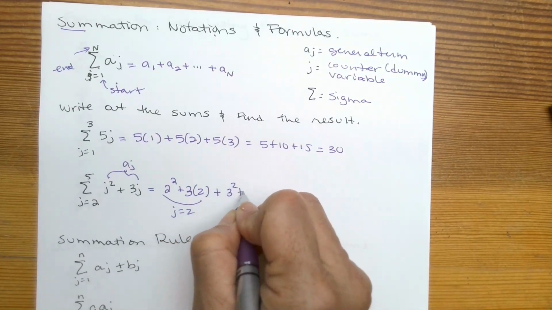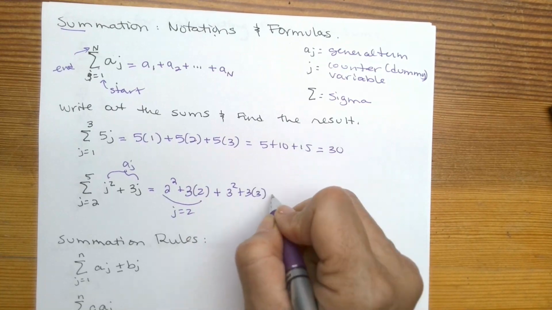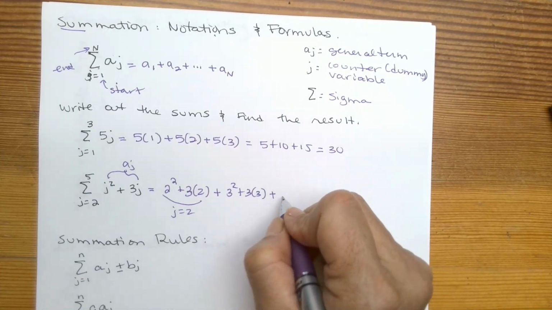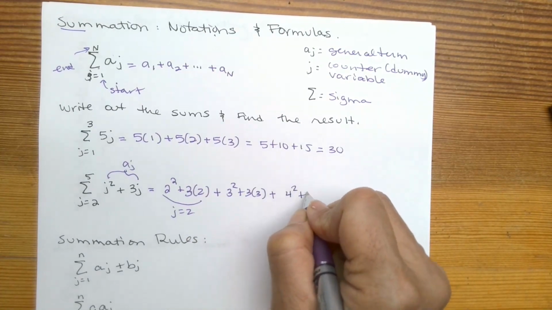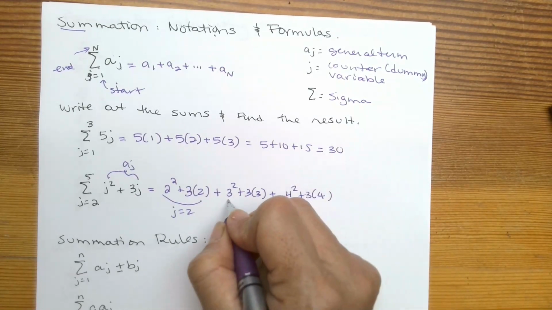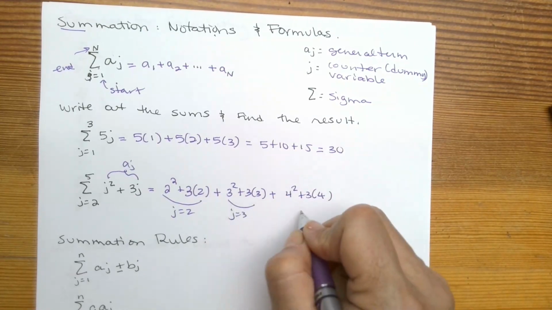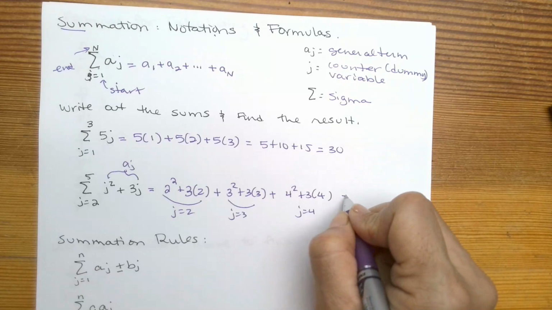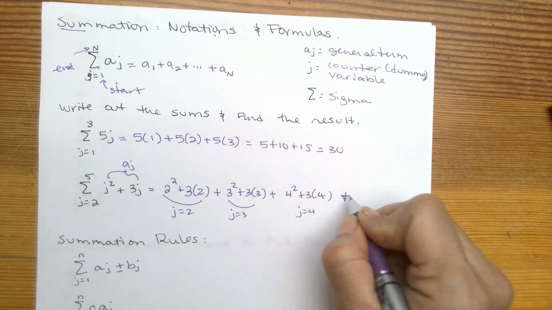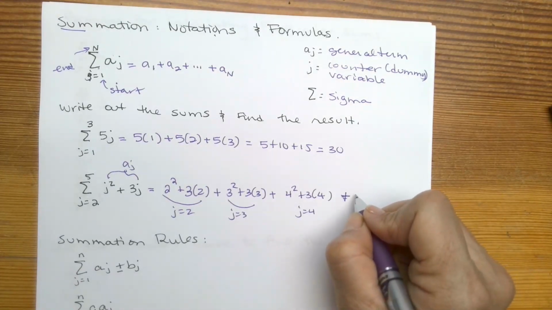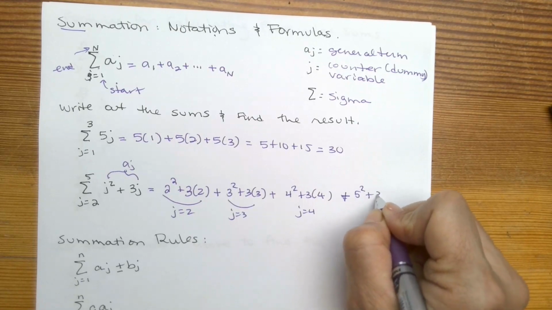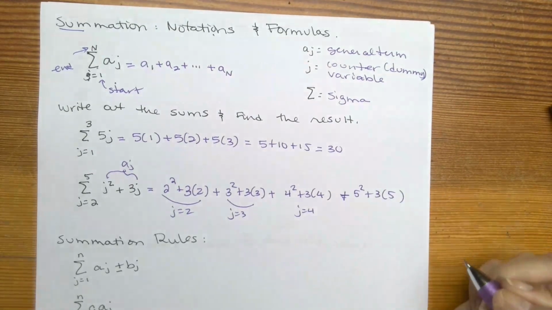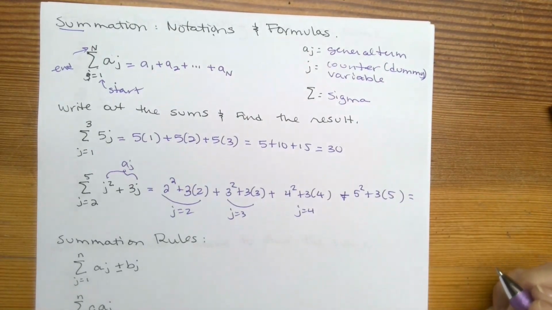So 3 squared plus 3 times 3. And then j equals 4. 4 squared plus 3 times 4. And then we stop when we get to j equals 5. So we get 5 squared plus 3 times 5. Okay, and then whatever that is.